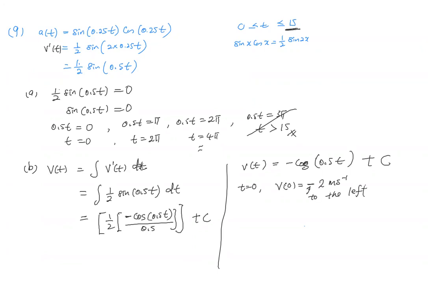So from here, I sub in. Cos 0 is 1, so your C will be equal to negative 1. Therefore, the velocity function is negative cos 0.5 t minus 1. Are you clear?